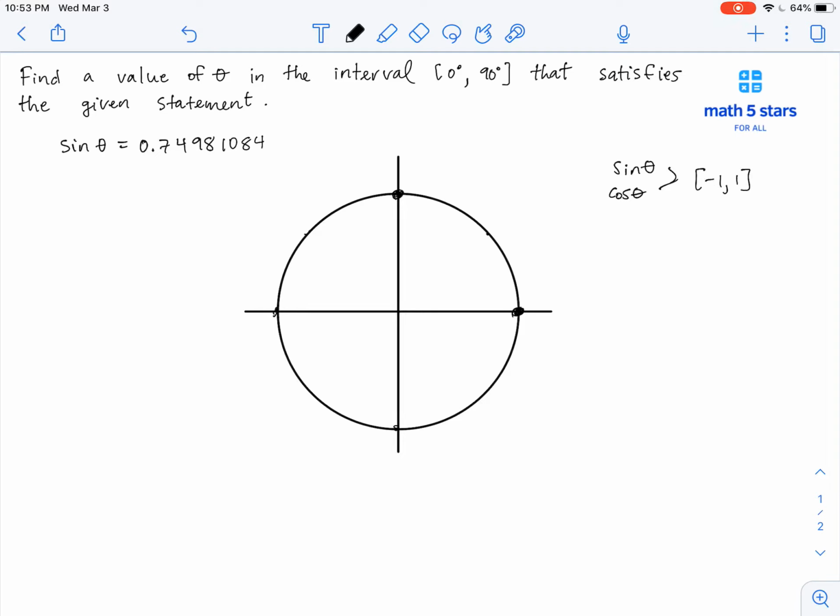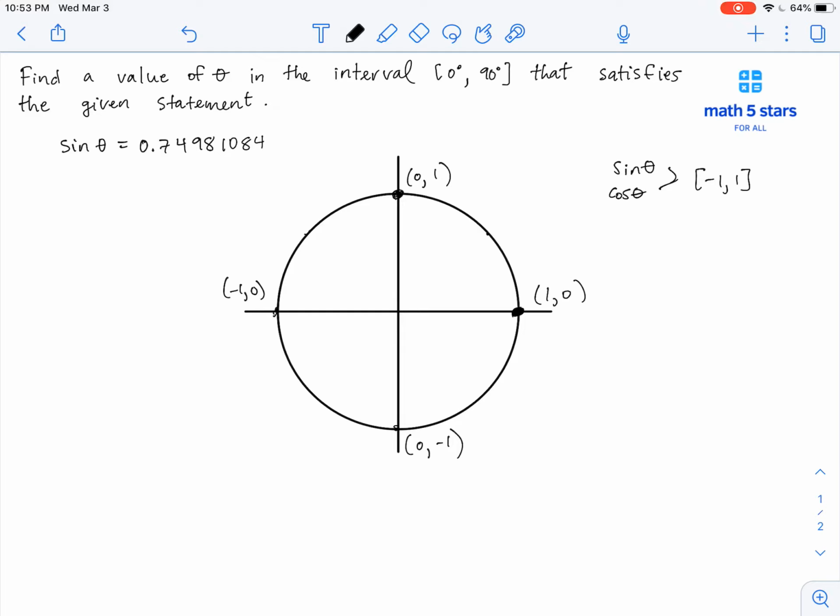So which means that these points here, (1, 0) and (-1, 0), here will be (0, 1) and (0, -1), right? So these are the values, and that's the circle where we can find every point of our sine or cosine, right?